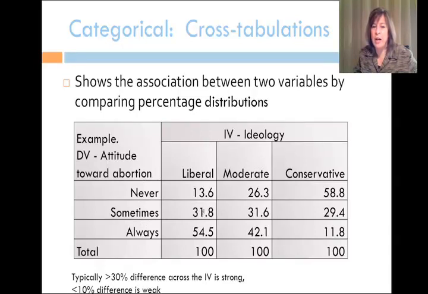Independent variable in the columns, dependent variable in the rows. And typically the reason that you put the independent variable in the columns and then have the percentage distributions add up to 100% in the columns is because you're wanting to look at differences between categories of the independent variable. That's usually what we're wanting to look at between the two variables.